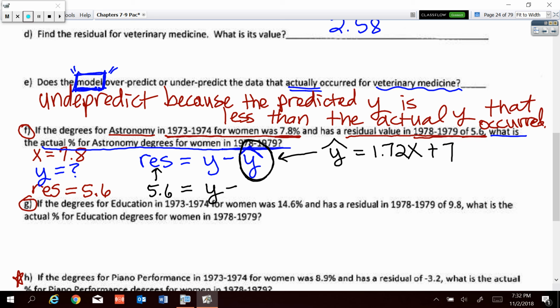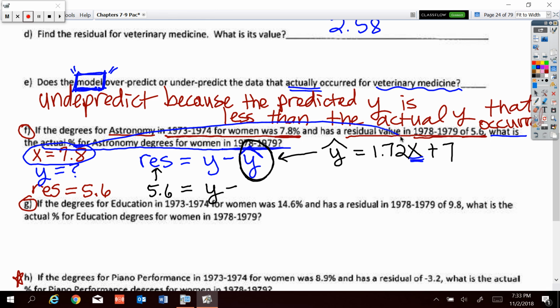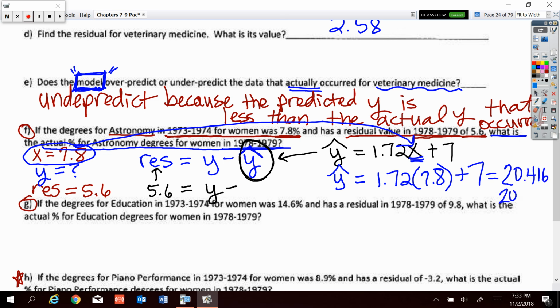So how can we come up with a value? Well, plug in the x right from here. Put the 7.8 in for the x. So the predicted y equals 1.72 times 7.8 plus 7, and that's 20.416, which I'm going to round to 20.42. So that's what was predicted to occur.